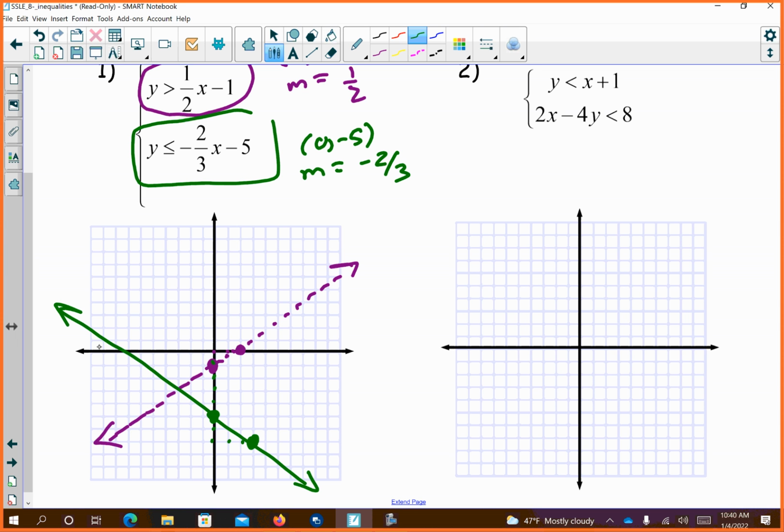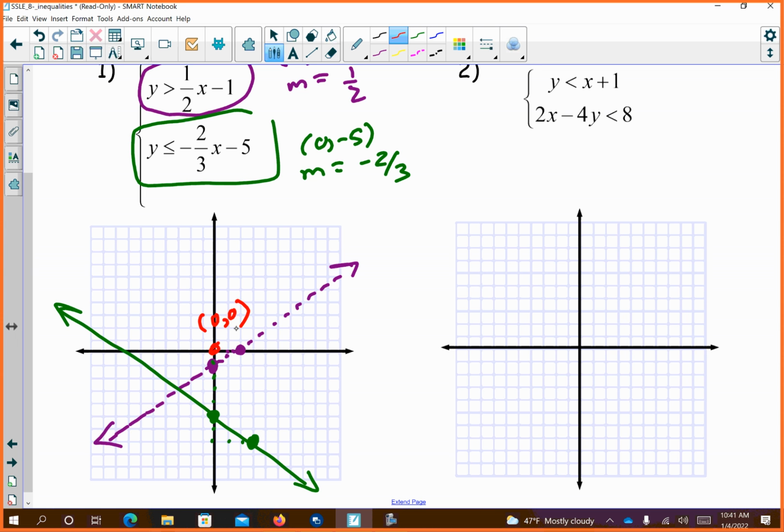Okay. Hey, friends, am I worried about exactly where these cross? No. I just created 4 regions of the graph. If I were to take the point 0, 0, describe to me where 0, 0 is in relation to the purple dotted line. Up left?